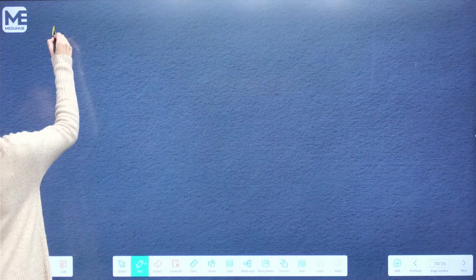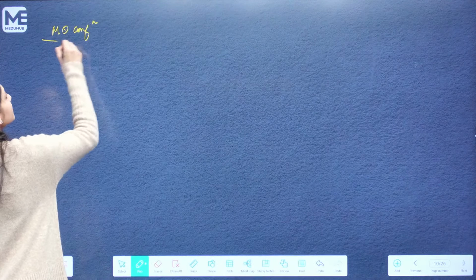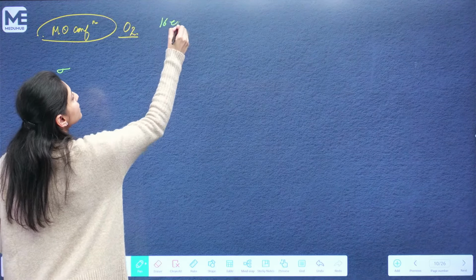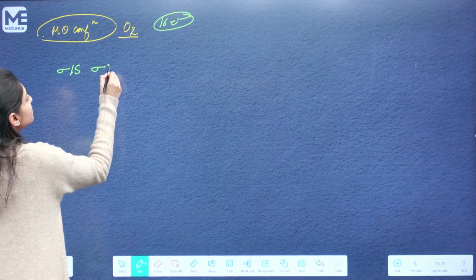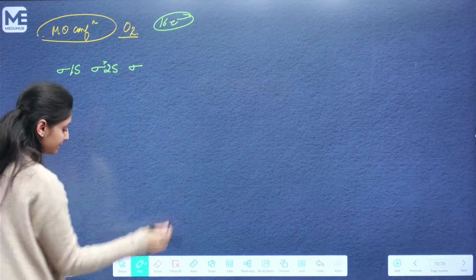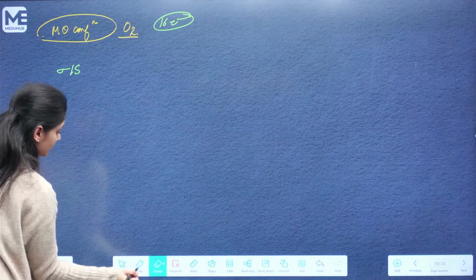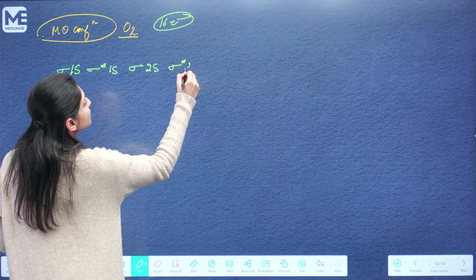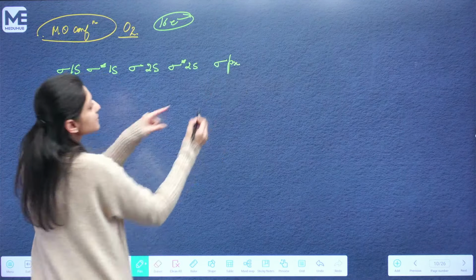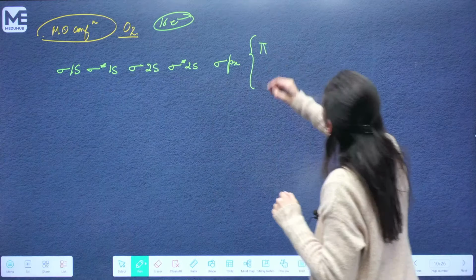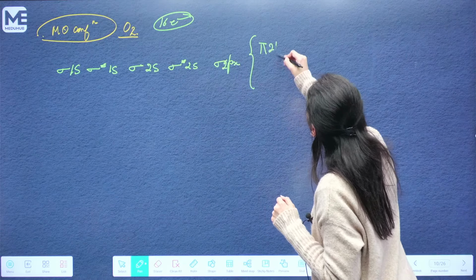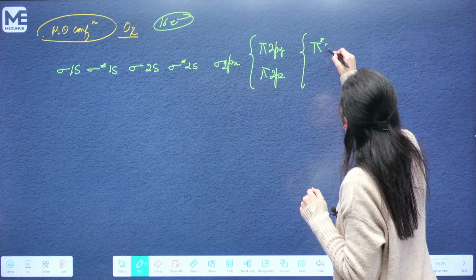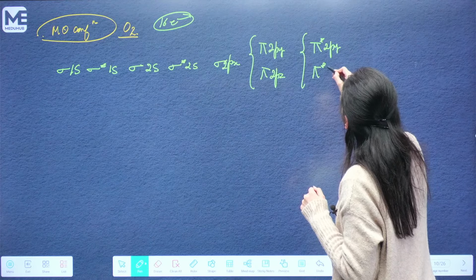If we write the molecular orbital configuration of O2, total 16 electrons: sigma 1s, sigma star 1s, sigma 2s, sigma star 2s, sigma 2px, pi 2py, pi 2pz, pi star 2py, pi star 2pz.